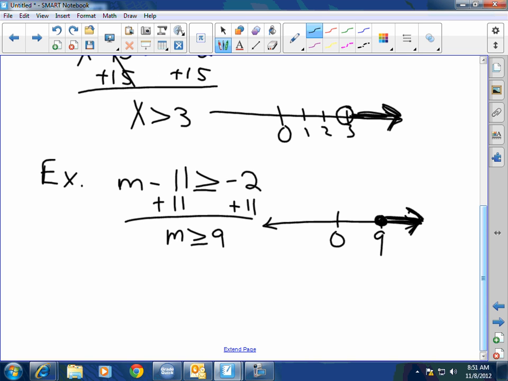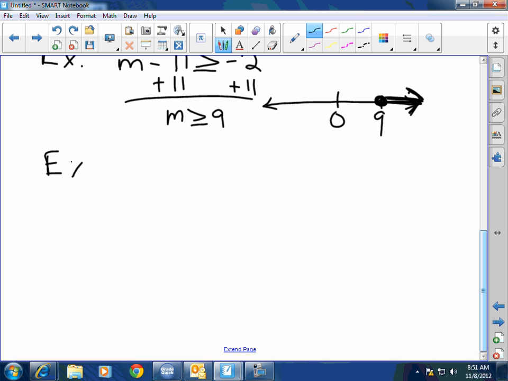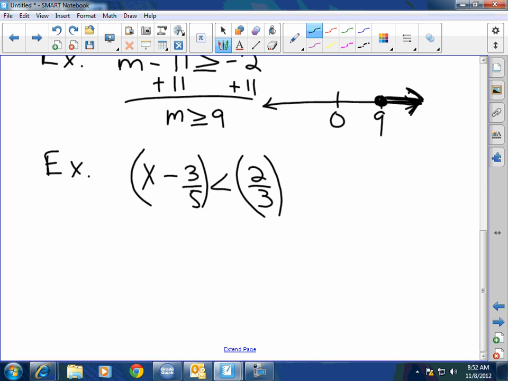Okay. I could do it the other way, too. X minus 3/5 is less than 2/3. Okay? What do we do here? There's a couple different strategies to solving this. A lot of people that don't like working with fractions like to get rid of the denominators like we've taught, and that is fantastic. I can go ahead and multiply both sides by 15.